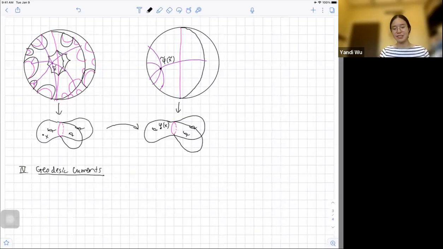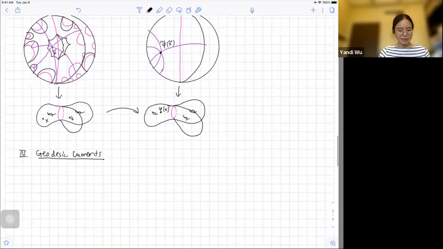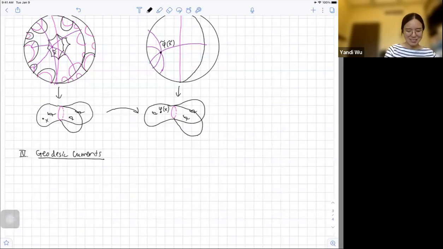And they're really useful for marked spectrum rigidity problems. Another fun fact is that Maryam Mirzakhani actually used these to count closed geodesics on surfaces. So that's another justification I like to give about why you should care about these. But first I'm just going to give a brief definition.